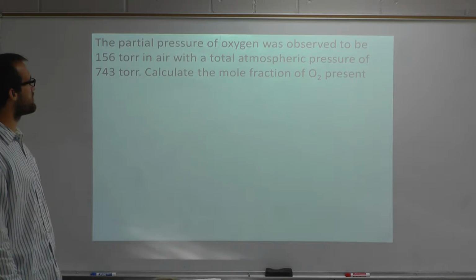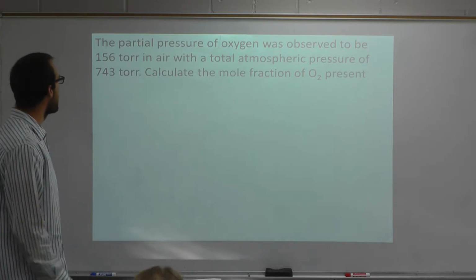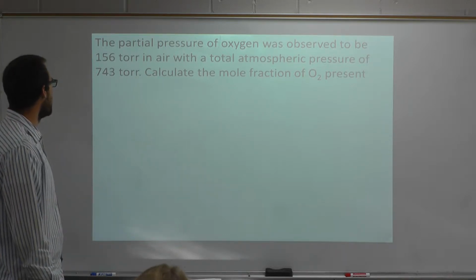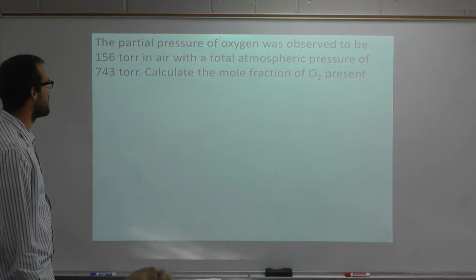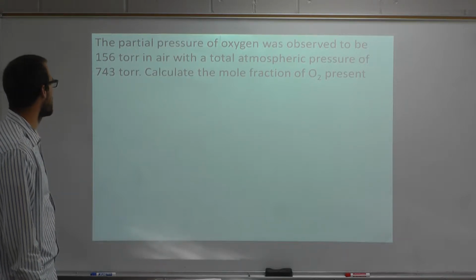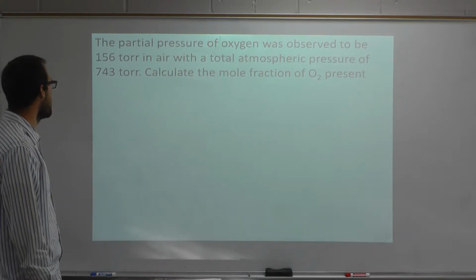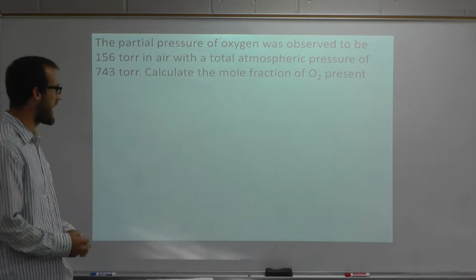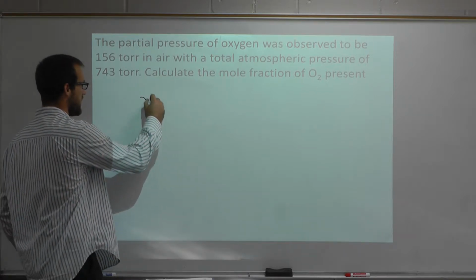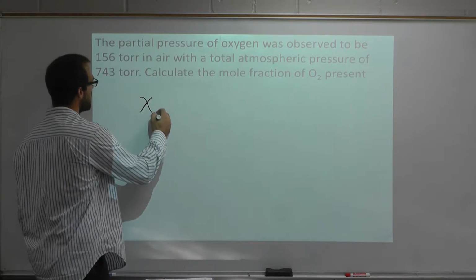Okay? Partial pressure of oxygen gas observed, 156 torr in air with a total atmospheric pressure of 743. Calculate the mole fraction of oxygen gas. Well, we didn't get moles, but we did get what?